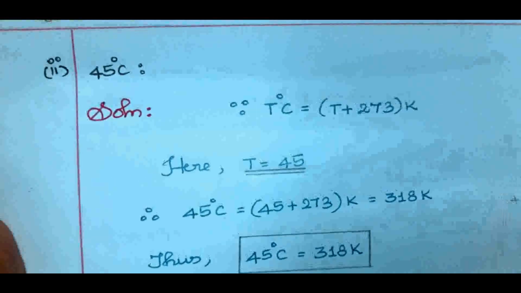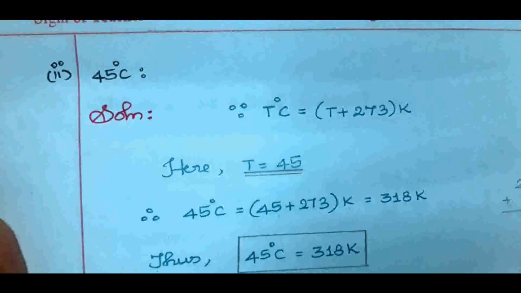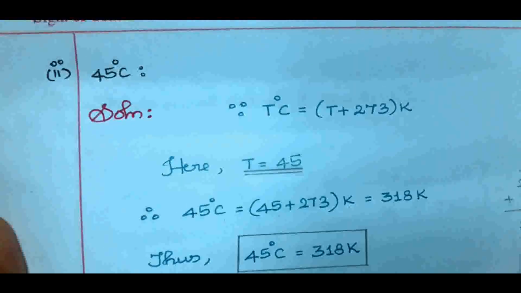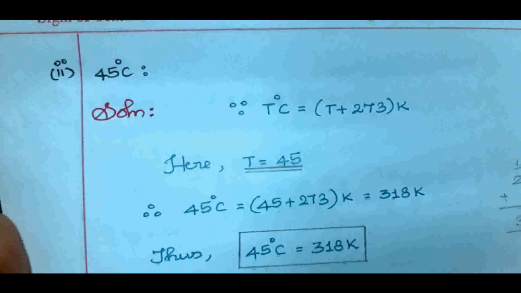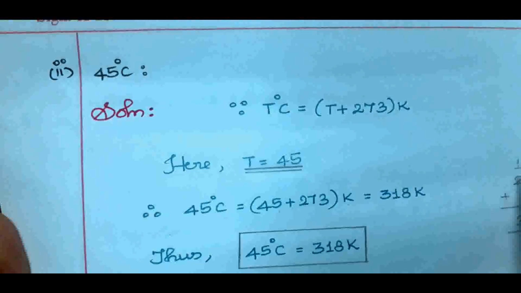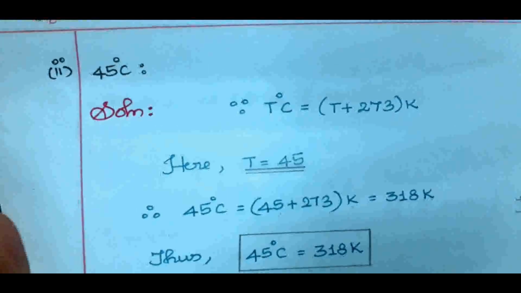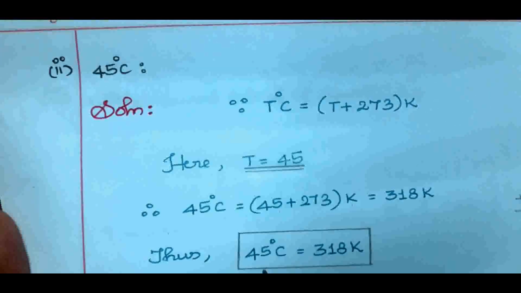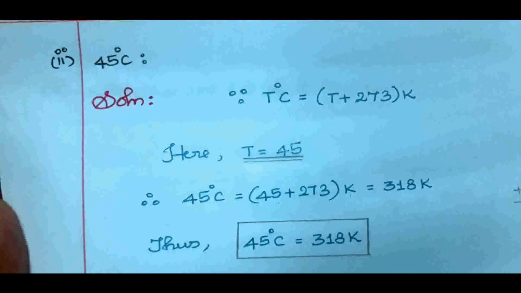So 5 plus 3 is 8, 7 plus 4 is 11, remainder 1. So 2 plus 1 is 3. 318 Kelvin. Clear? So here I have solved the third question, first and second subdivisions. You just practice the third and fourth subdivisions. Clear? Next we'll move on to the fourth question.